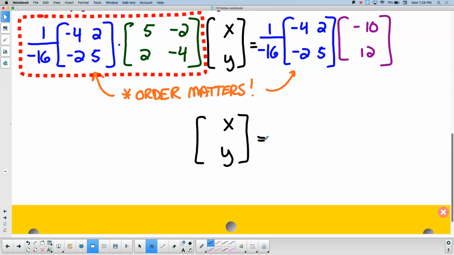The kicker is, can we do it? Yes, we can. I'm going to wait on the distribution until the end because I don't want to have to deal with negative 5/16. So I'm going to just tag that along. 1 over negative 16. Then, can't use purple, I'll use orange.